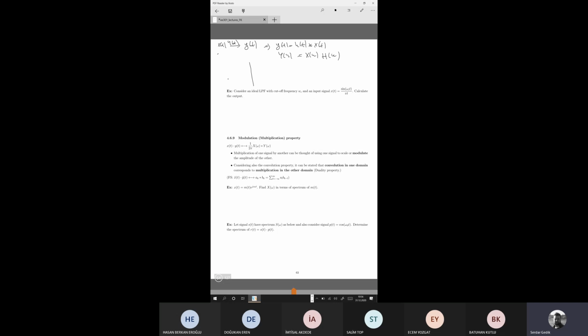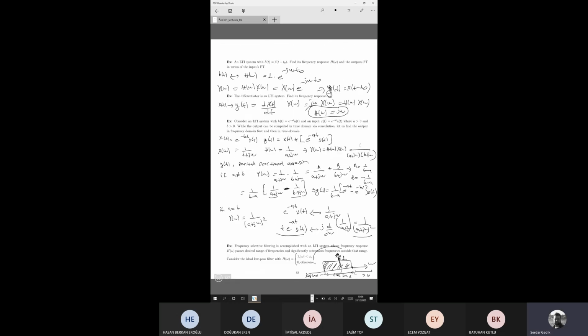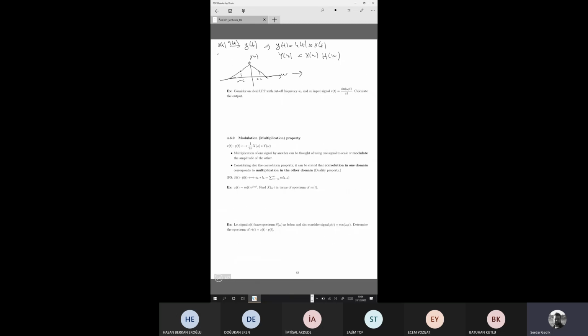So if you have such an x of omega, let's say this is my x of omega, and let's say this is minus omega c, this is plus omega c. If you filter this with h of omega, and remember h of omega was given here, it was only passing the plus minus omega c region. Then at the output you have y of omega as this.